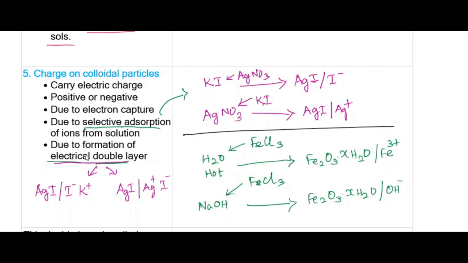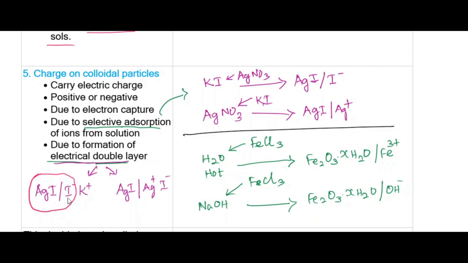Now let us go to the formation of electrical double layer. In this case, you would have formed AgI, with I⁻ ions, that is, silver iodide surrounded by iodide anions.